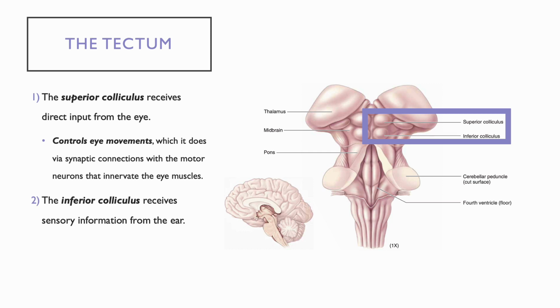Additionally, the inferior colliculus, which sits right beneath it, ventral to this area, receives sensory information from the ear and thus plays an important role in audition. The midbrain contains axons descending all the way from the cerebral cortex and down the brainstem to the spinal cord.